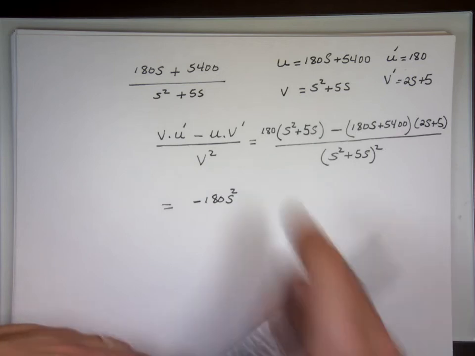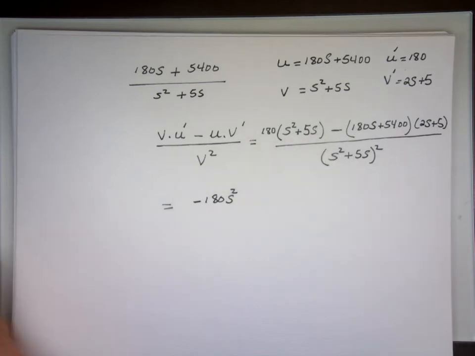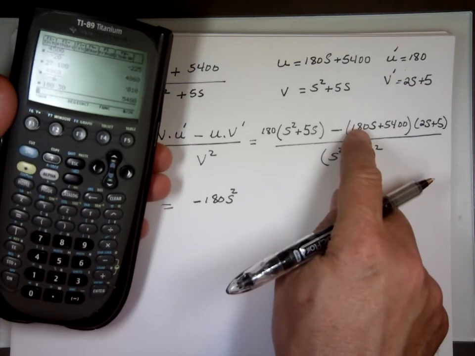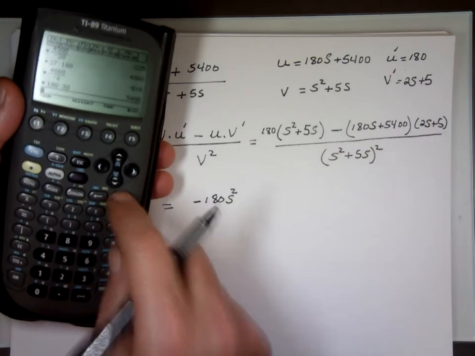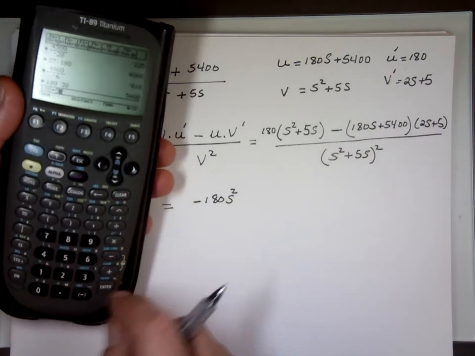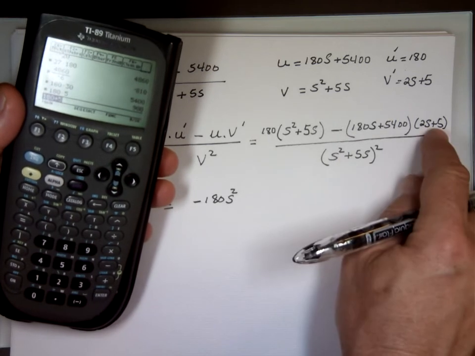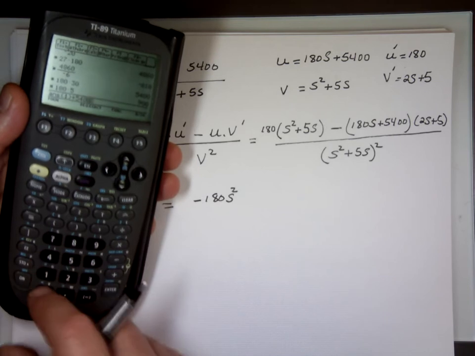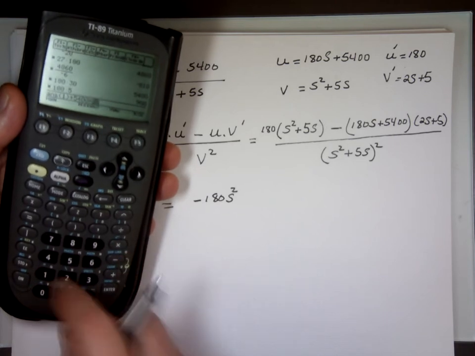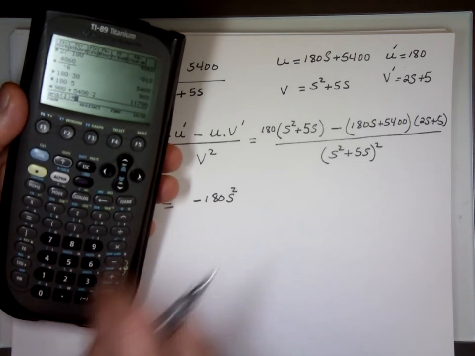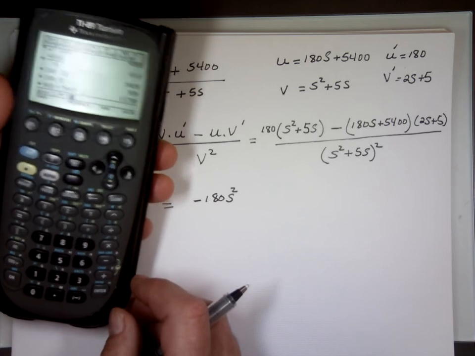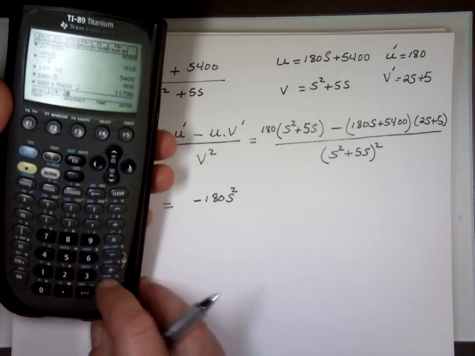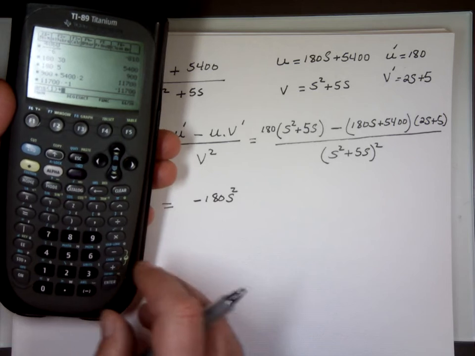Let's see what that number is. 180 times 5 plus 5,400 times 2 multiplied by negative 1 plus 180 times 5.